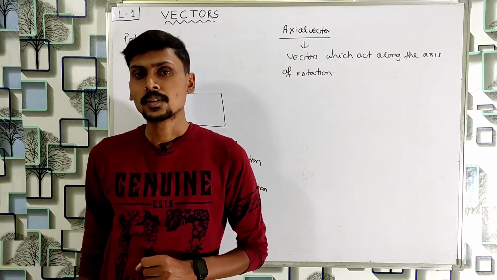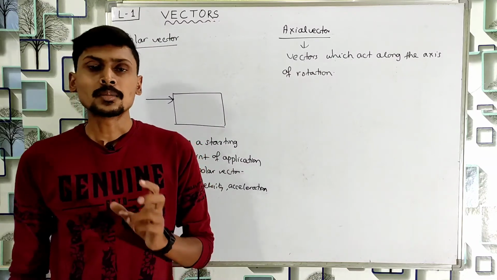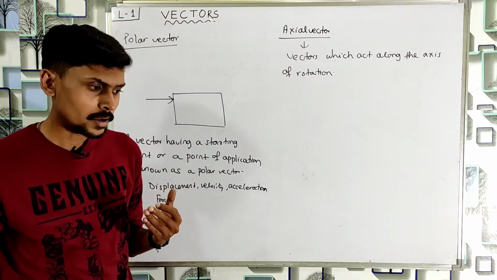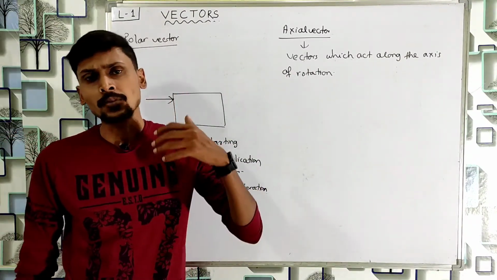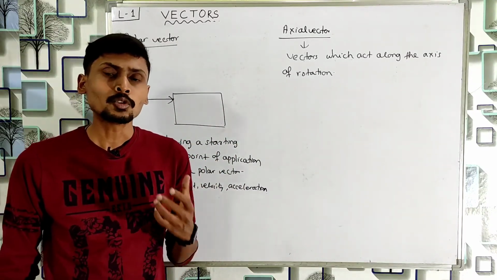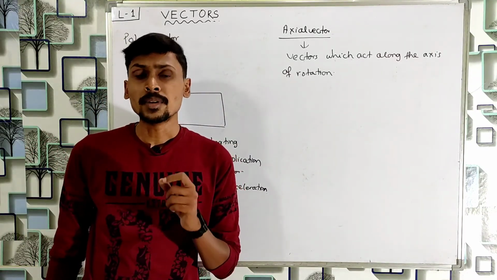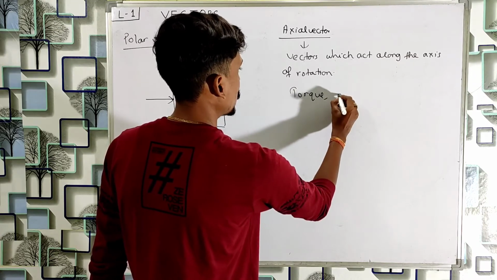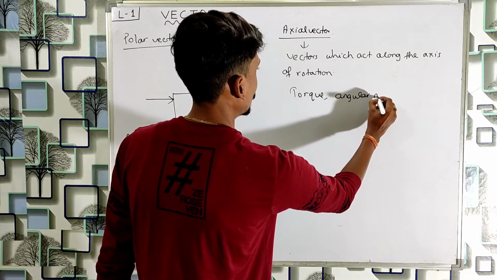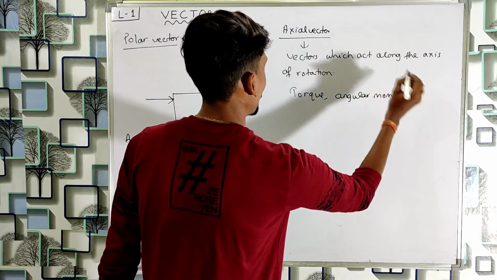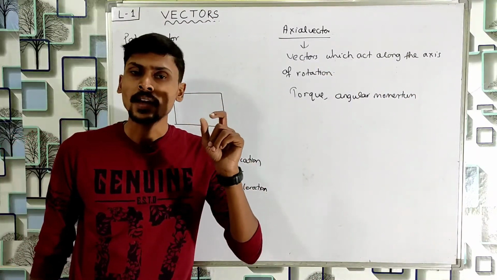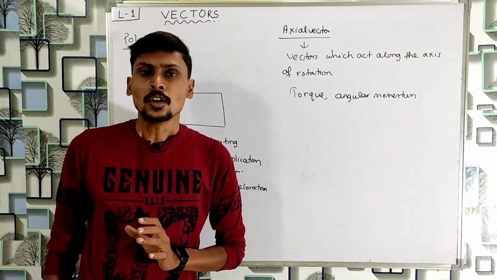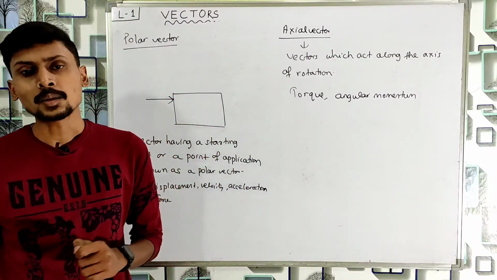For example, torque, angular momentum, these are examples of rotational vectors or axial vectors. In upcoming classes, in a chapter, we will discuss the meaning of axial vectors like torque and angular momentum. So these vectors act along the axis of rotation and they don't have a starting point, but they act along the axis of rotation.